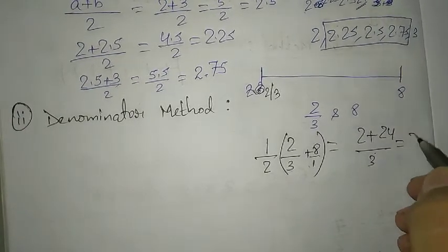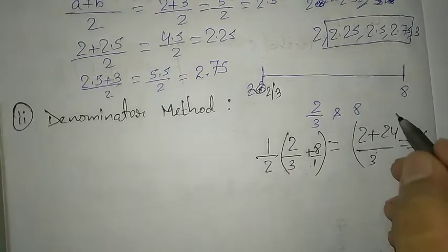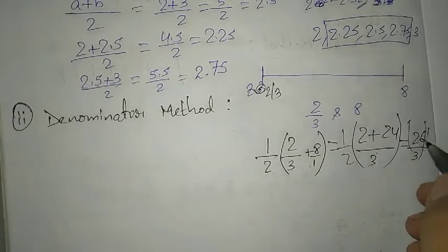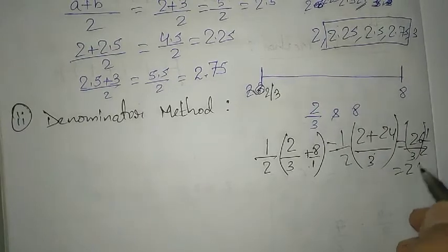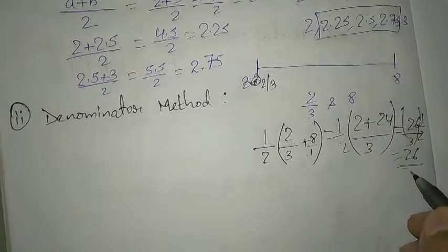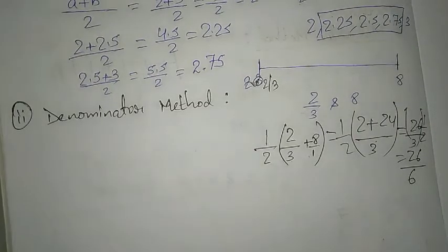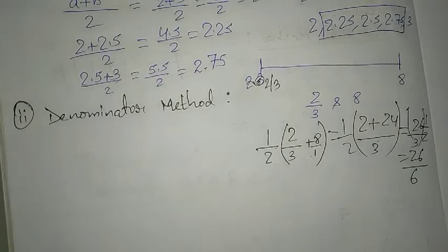So this turns out to be 26 by 3, and you know, a half was there outside. So now this half being multiplied, 26 into 1 gives you 26, and 3 into 2 gives you 6. Okay, students. So the very first number is 26 by 6, which we got over here.